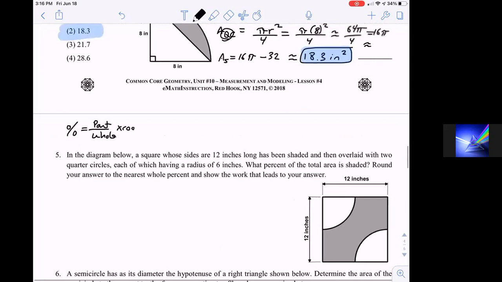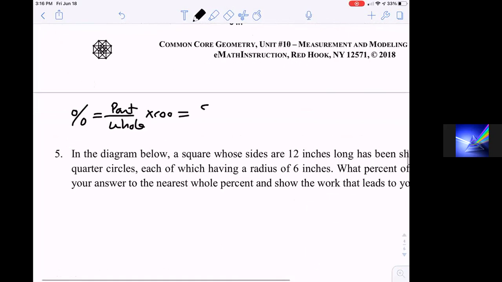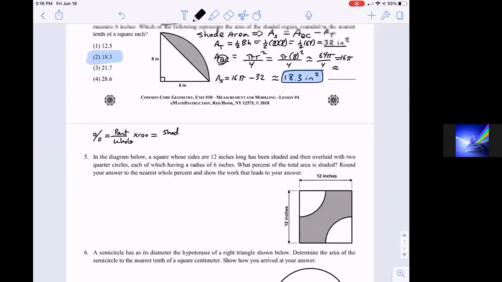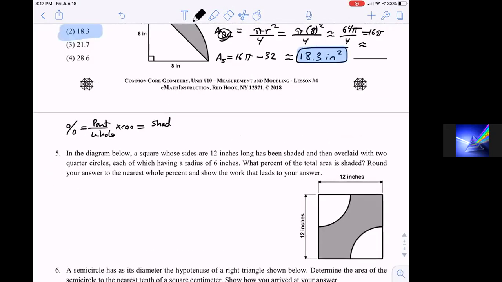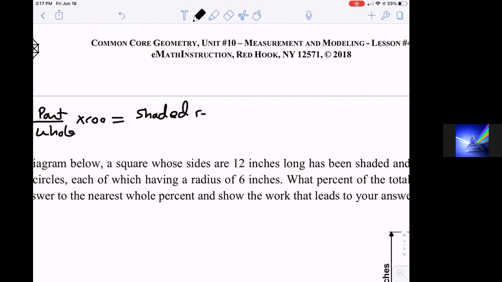Now what's the part? Well, to get the percent of the shaded part, it's going to be the shaded region divided by the whole square times 100.